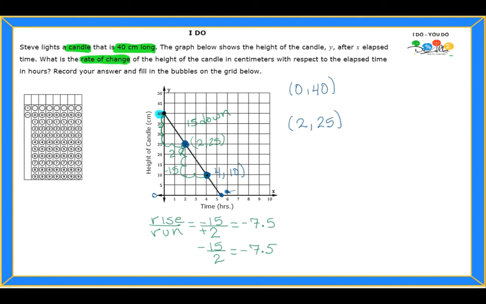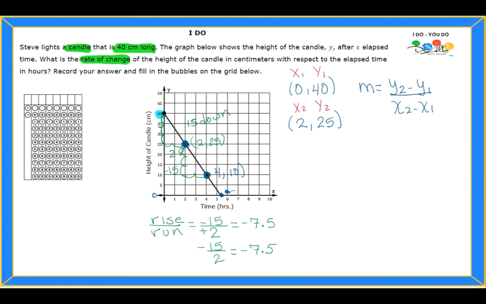What I want to do next is I actually want to work the question. Okay, so I'm going to find the slope using the formula y sub 2 minus y sub 1 over x sub 2 minus x sub 1. Okay, so let's write some labels here. This will be x sub 1 and y sub 1. 2, 25 will be x sub 2 and y sub 2.